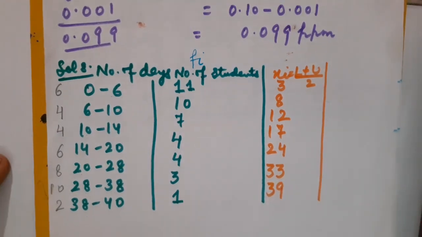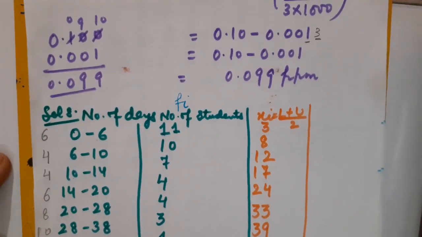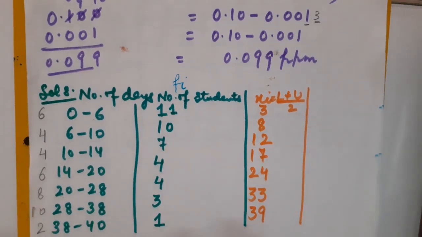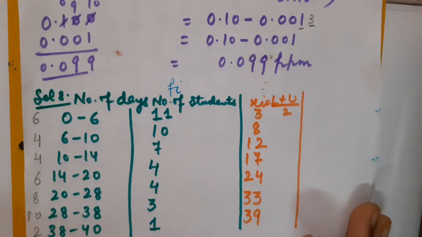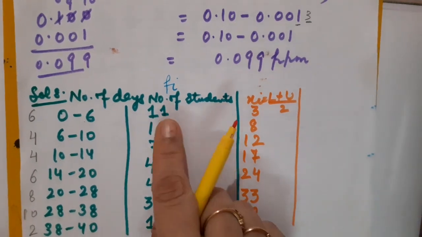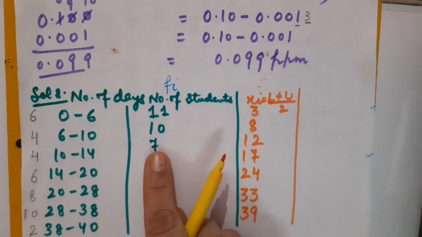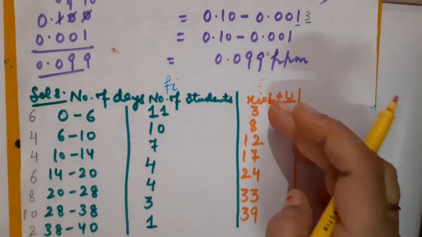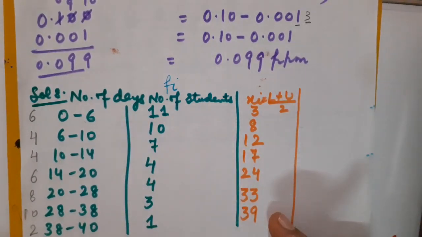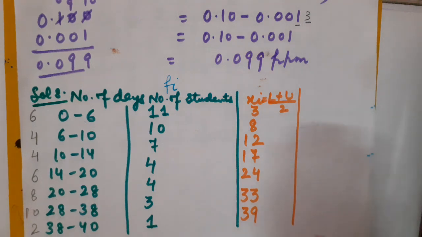Correct, children? Now before I switch to either the direct method or the assumed mean, let us check whether the calculation is easy for us to do or not. Yes, 11 into 3 we can write, 10 into 8 also we can write, 12 into 7 also we can write. Means the calculation is quite simple. So why not we apply the direct method?